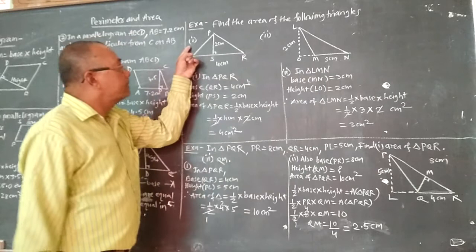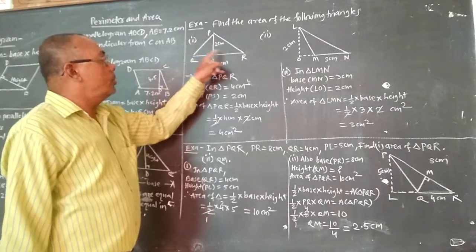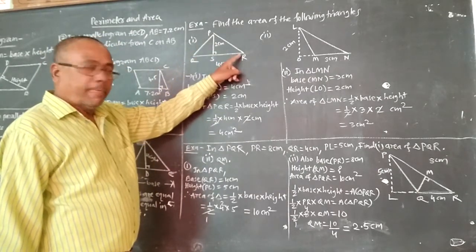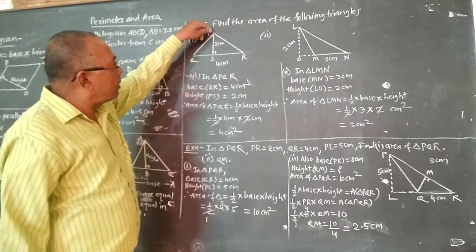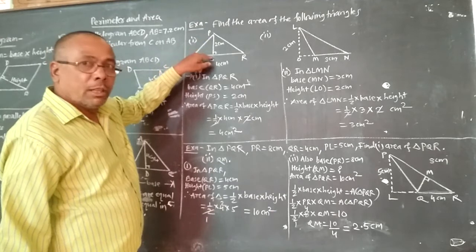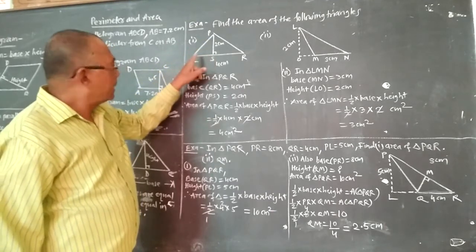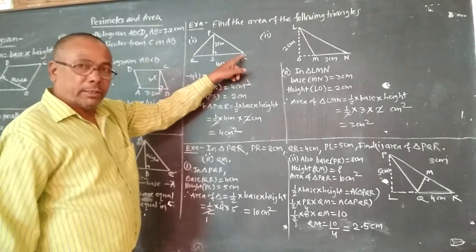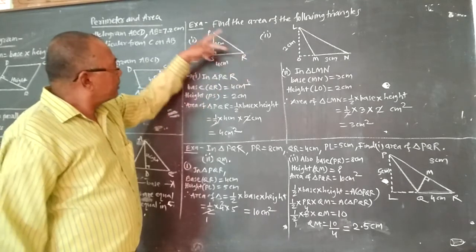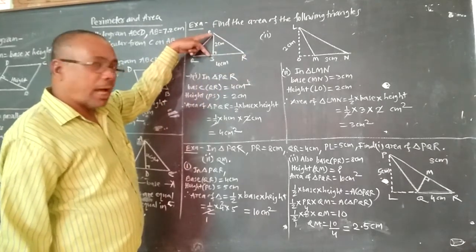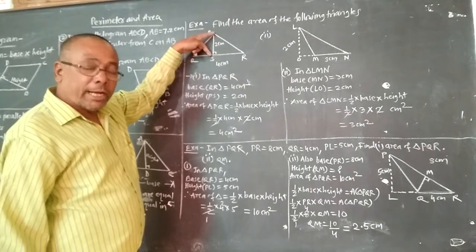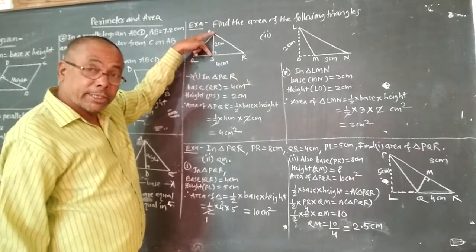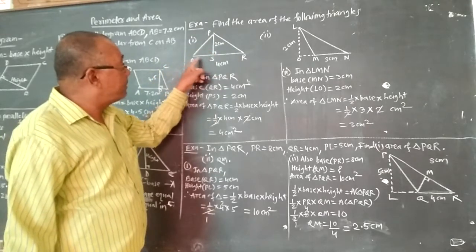In the first figure, triangle PQR is drawn, and from the vertex P I have drawn the perpendicular PS which intersects the side QR, and therefore this perpendicular is the height of the triangle. The side on which the perpendicular meets at 90 degrees is the base.